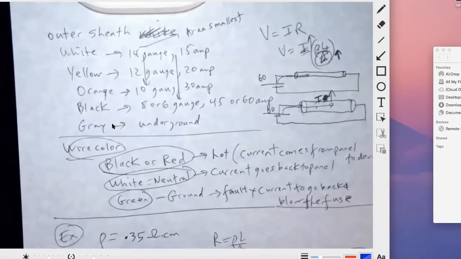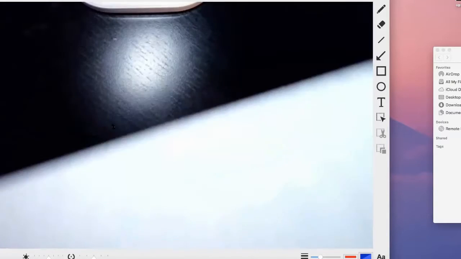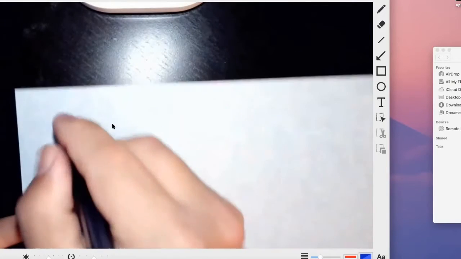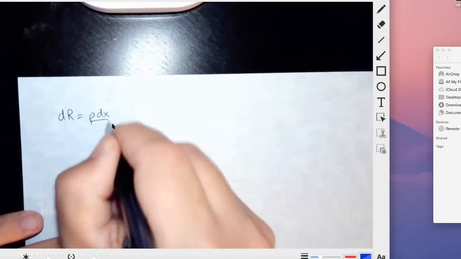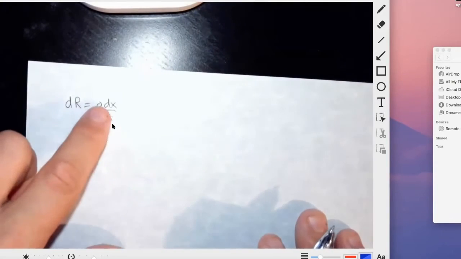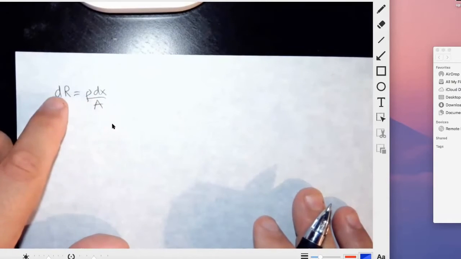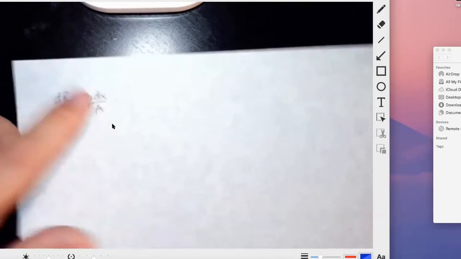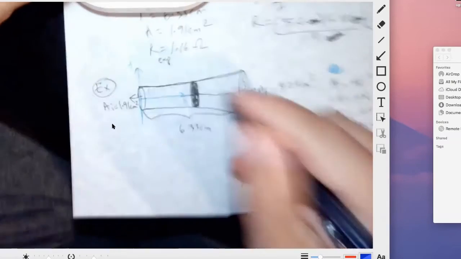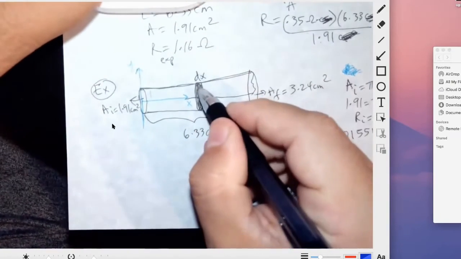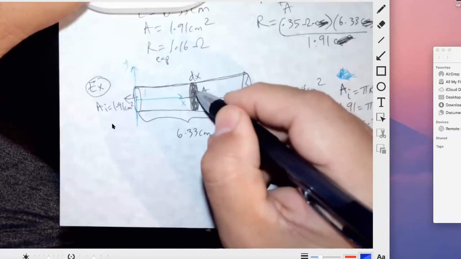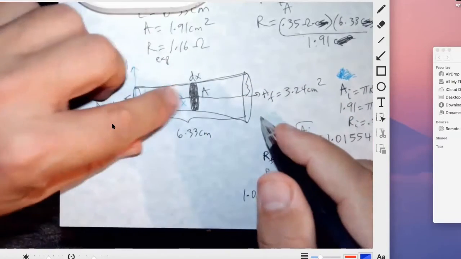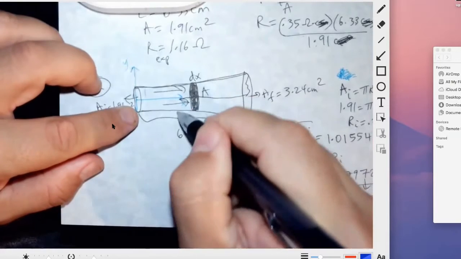Okay, let's go to a different page. The resistance of that, dR, is equal to rho dx over A. So it's a small piece of the wire, right? It's the resistivity of the wire times the dx, which is this small incremental length of the wire, over the area of this wire, this cross-sectional area. So the current is flowing this way.